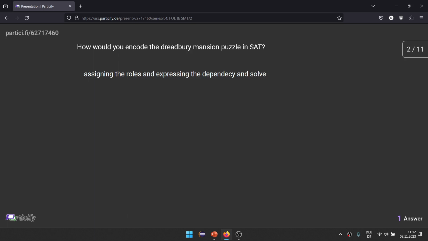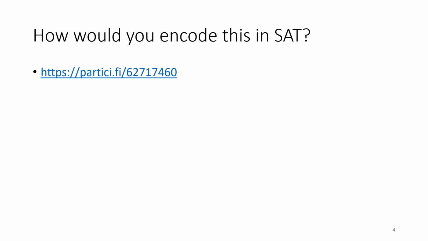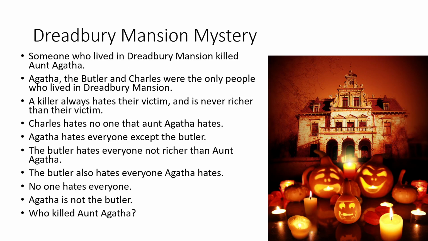And then the dependencies are maybe the constraints that we know. So we could probably encode this in SAT, but it would mean we have a lot of variables and we probably have quite a few constraints on these variables. Okay, and well, after this encoding in these variables, how do we know who killed Agatha?